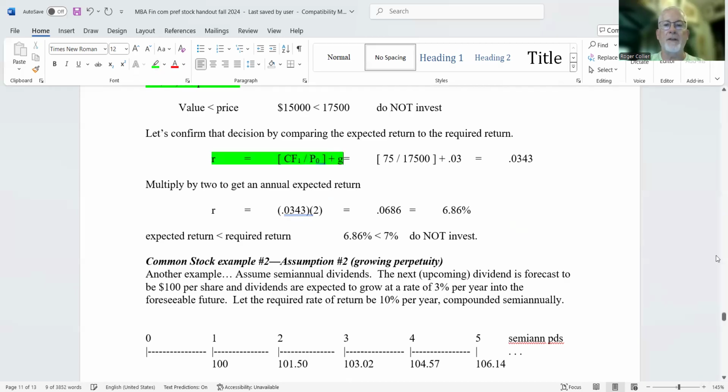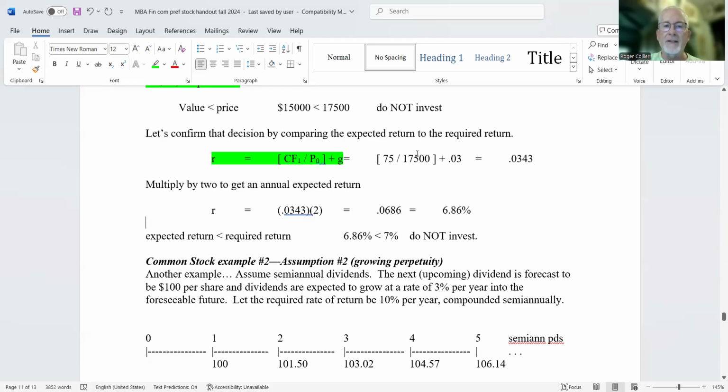The formula for the expected return is the dividend divided by the price, all of that plus G. In other words, you take the upcoming dividend divided by price, and then you add G. In this case, the upcoming dividend is 75.